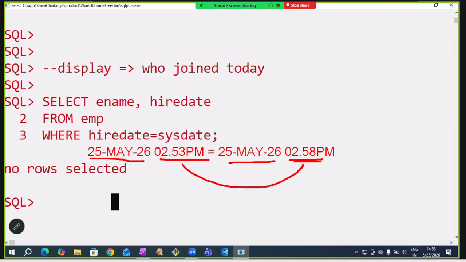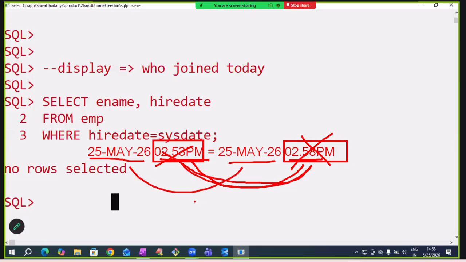The problem is that the time values are not equal. So I remove this time from sysdate, remove this time from hire date, then compare date values only. Now the condition will become true.